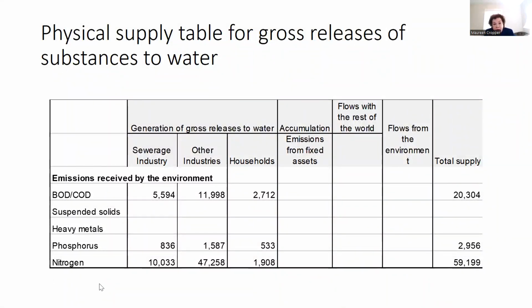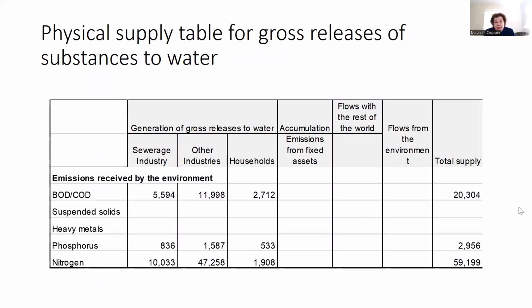And so what you have here are emissions that are received by the environment in surface water: biochemical oxygen demand, suspended solids, heavy metals, phosphorus, nitrogen, and so forth. The industry or sector that is emitting them would be distinguished. And finally, you would get an estimate of total emissions.